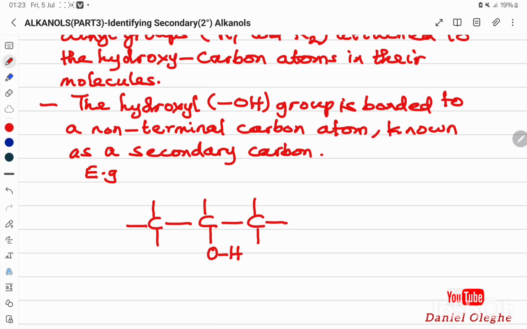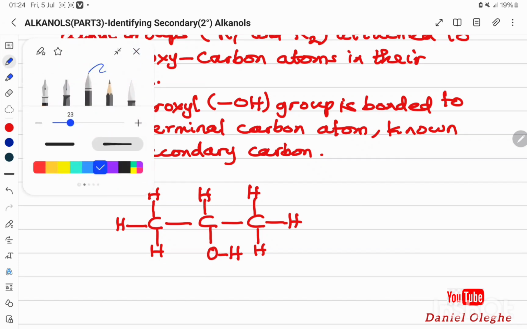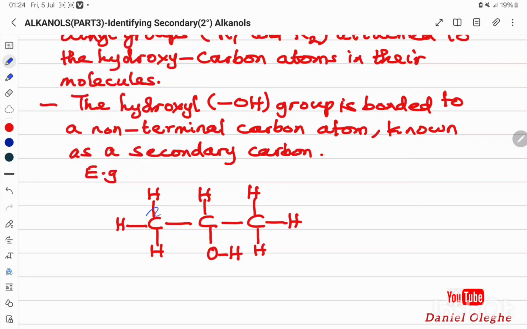The middle carbon atom has the hydroxy group, and you have hydrogen atoms to complete this molecular structure. Let me try to number them so that I can use the numbers to refer to the carbon atoms as I explained. Let's number them: the first one, the second one, and the third one.